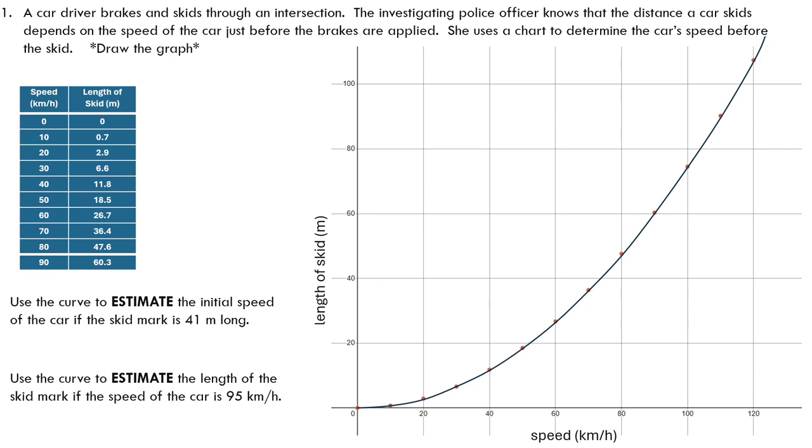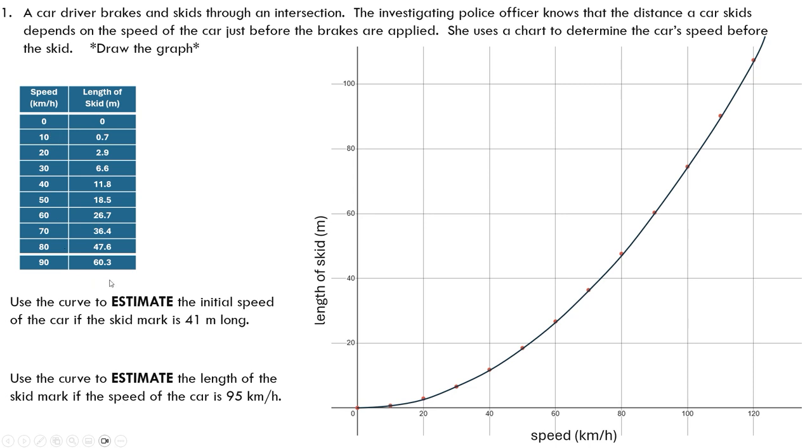So, in this table, given a certain speed, we're told how long the skid would be. So at a speed of 50 kilometers an hour, it would leave a skid of 18.5 meters.